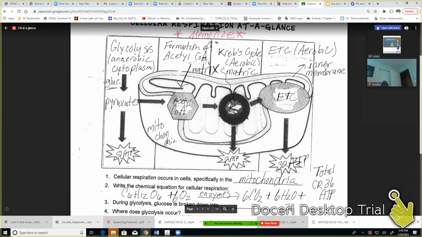The 36 ATP, which was the whole point of the cellular respiration. And then we said another waste product in our equation was that it gives off some heat. It's kind of just wasted energy.